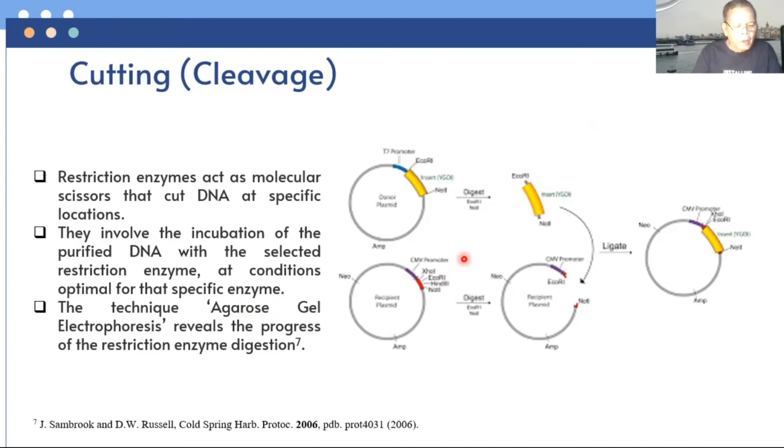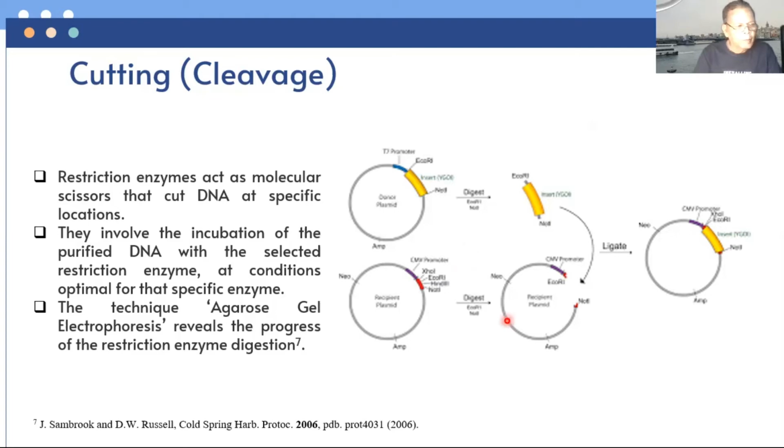The technique of agarose gel electrophoresis reveals the progress of the restriction enzyme digestion. This technique involves running the DNA on an agarose gel. On the application of current, the negatively charged DNA travels to the positive electrode and is separated out based on size.